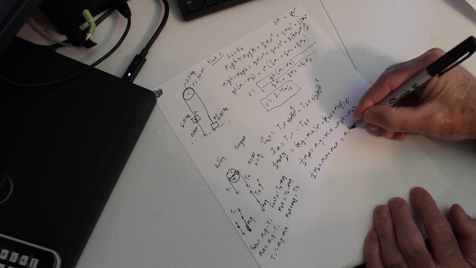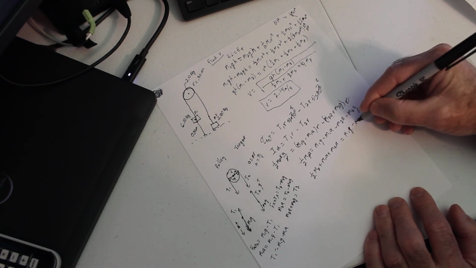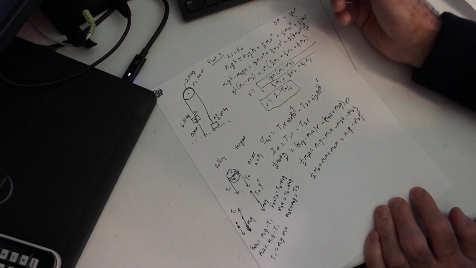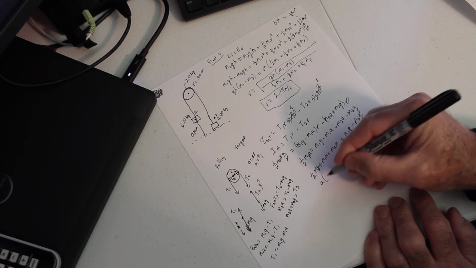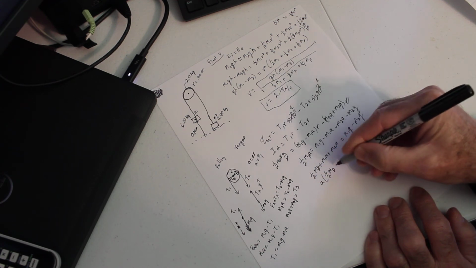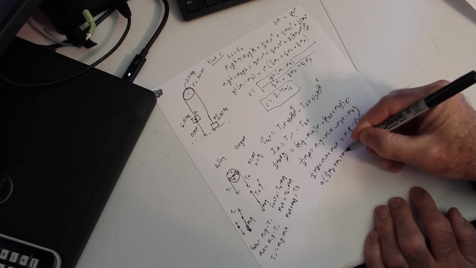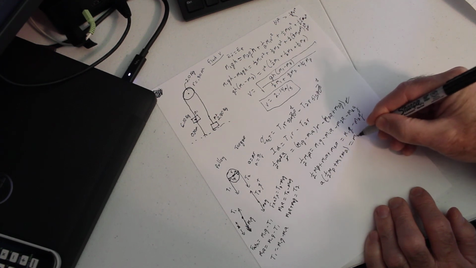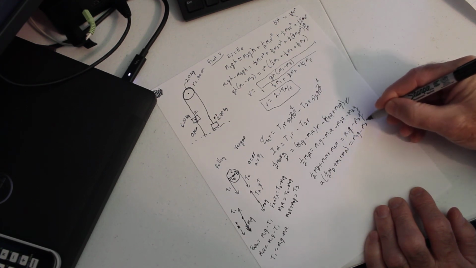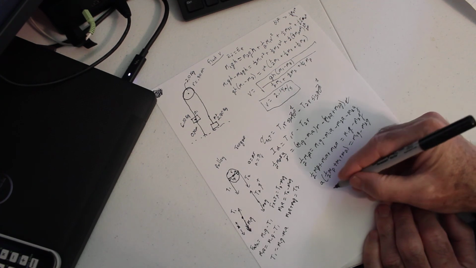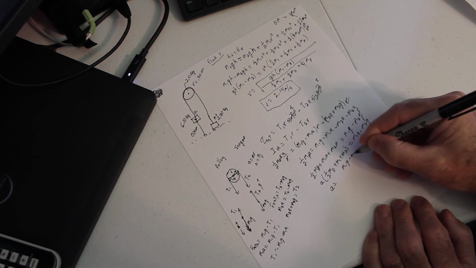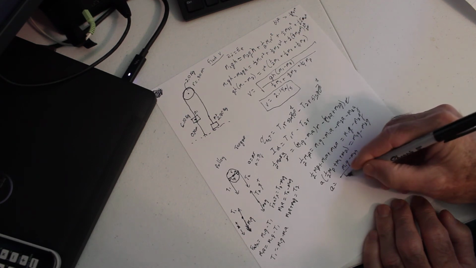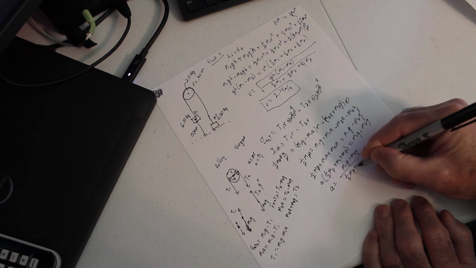It's equal to M1G minus M2G. Now I pull the A out, factor that out. This becomes 1/2 the mass of the pulley plus M1 plus M2 is equal to M1G minus M2G. Divide by all that and I get A is equal to M1G minus M2G over 1/2 of MP plus M1 plus M2.